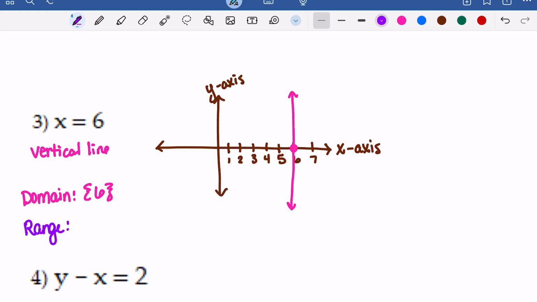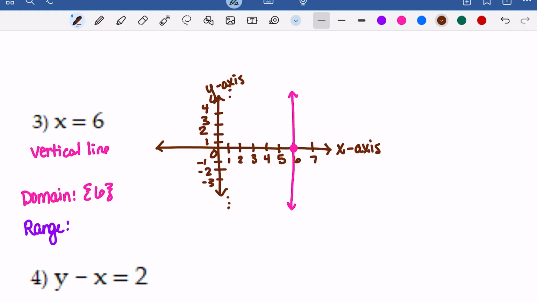If I think about my range, the y's, well, this graph is going to keep going up and keep going down forever in both directions on 6. We think about the y values that we're covering: 0, 1, 2, 3, 4, and so on, and -1, -2, -3, and so on. That's going to keep going down in the negative direction forever and in the positive direction forever.